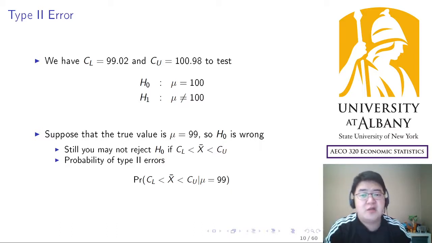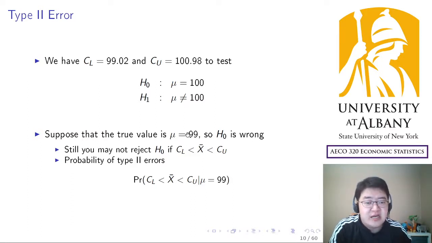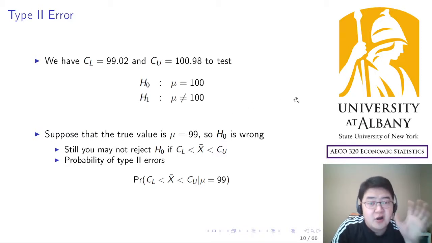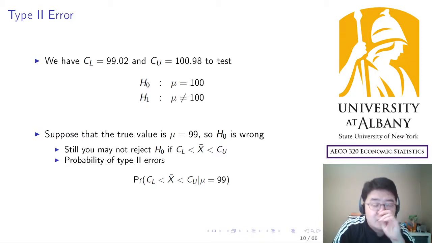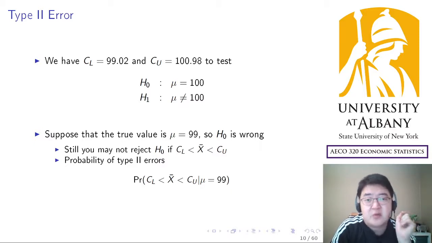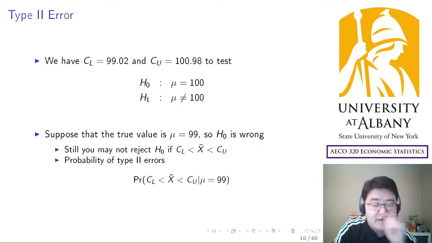We are calculating the probability of type 2 error. For example, in this case, I'm going to assume that mu equals 99. That means there is a brand whose drug contains 99 milligrams instead of 100. So it's 1 milligram smaller than it has to contain. So it is a problem.